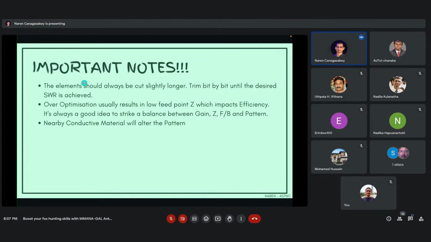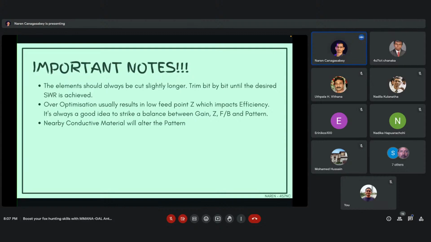Okay, so moving on to important notes. These are some things that I've learned the hard way. Whenever you design your elements, it's always better to cut the elements slightly longer and trim them bit by bit until you achieve the desired SWR. This is mainly for transmitting antennas.